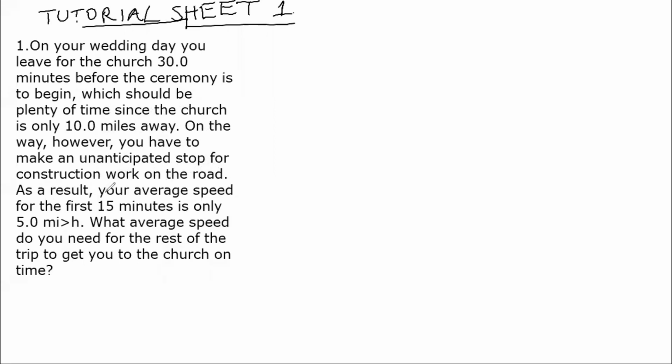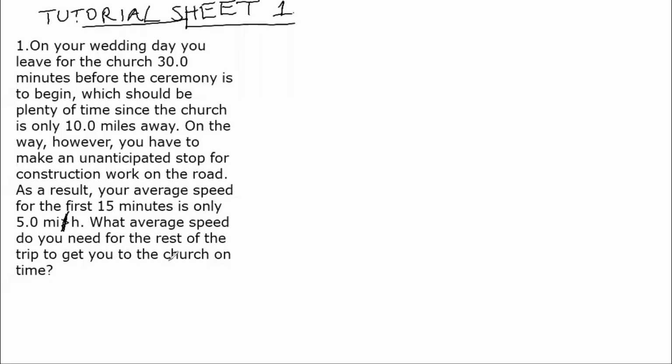As a result, your average speed for the first 15 minutes is only 5 miles per hour. I think here there is a typo. This must be 5 miles per hour. What average speed do you need for the rest of the trip to get you to the church on time?